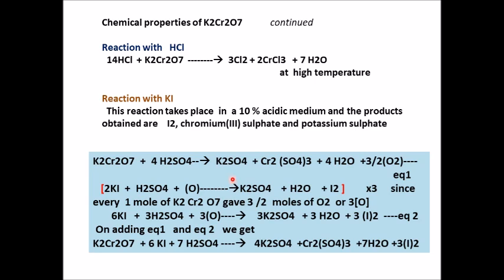So, to get those 3 oxygens we need to multiply this whole equation with 3, and then we have to add the 2 equations 1 and 2, and finally we get K2Cr2O7 plus 6 KI plus 7 H2SO4 giving you 4 K2SO4 plus Cr2(SO4)3, 3 I2 and 7 moles of water.